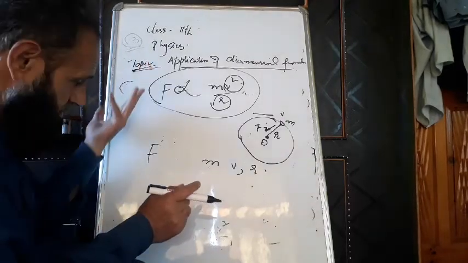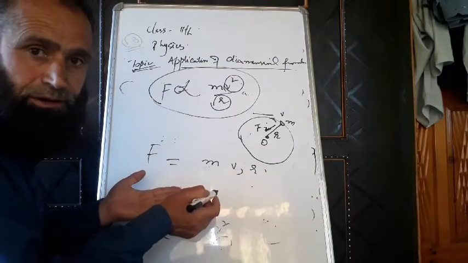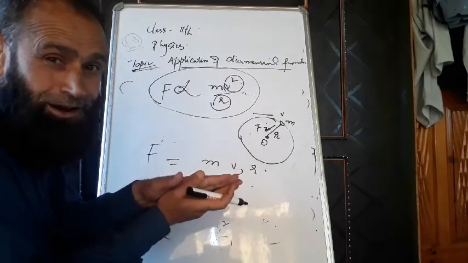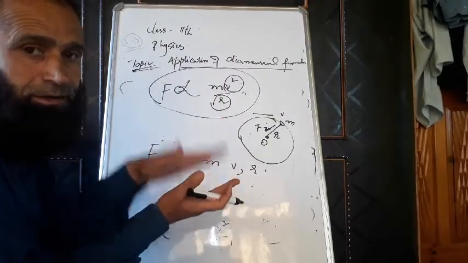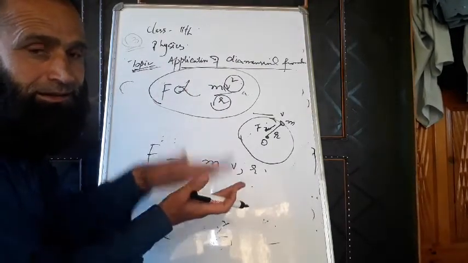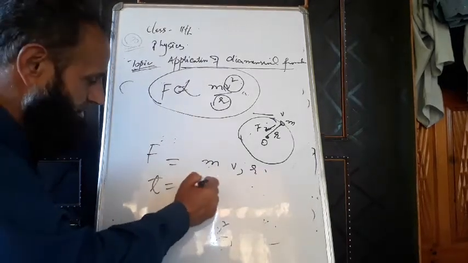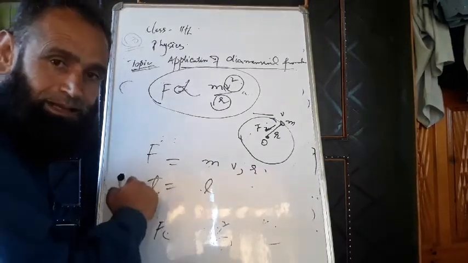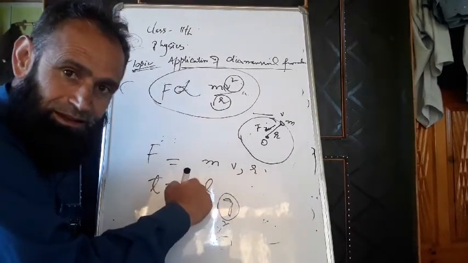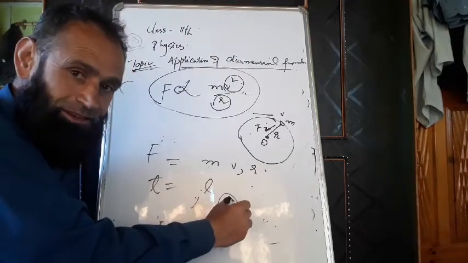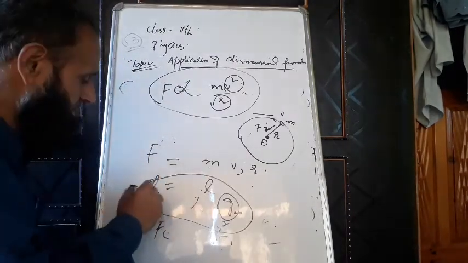We can also find the time period of a simple pendulum, but we must know on which physical quantities it depends. We know it depends upon the length of the pendulum and the acceleration due to gravity. We must know these things, and then we can find the equation of a simple pendulum.